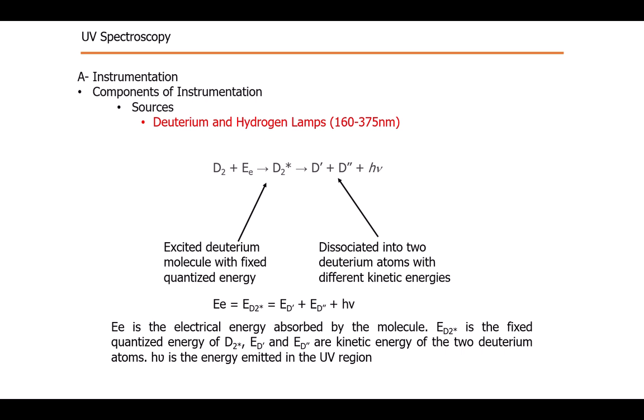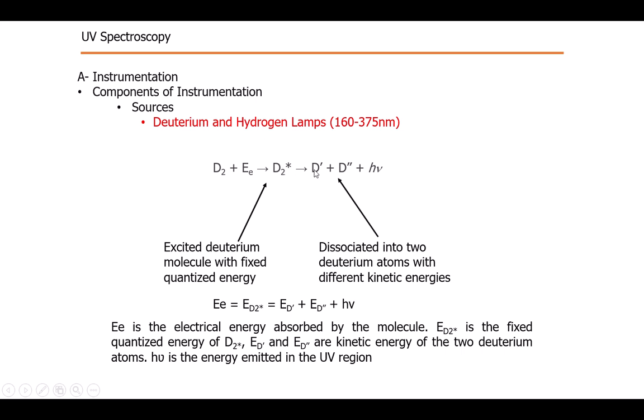Deuterium and hydrogen lamps are used as a source of radiations. Here the excitation principle and the emergent or removal radiations emission in the deuterium lamp is given. Deuterium molecules are there in the lamp. Electrical energy falls on these molecules. They would become excited.